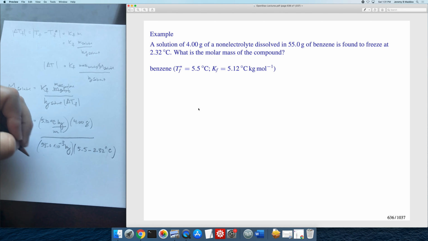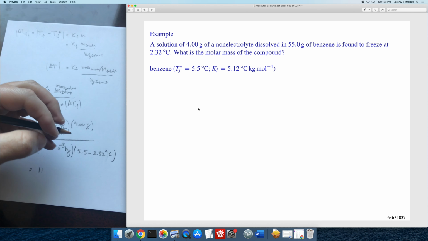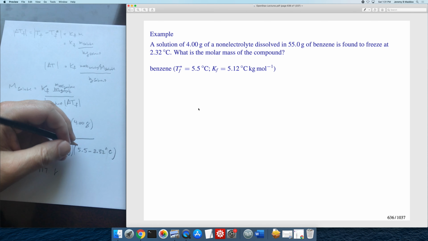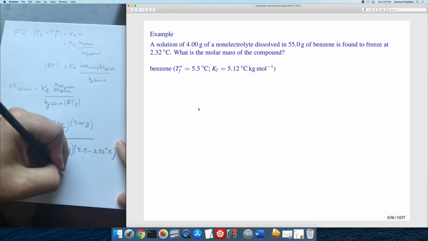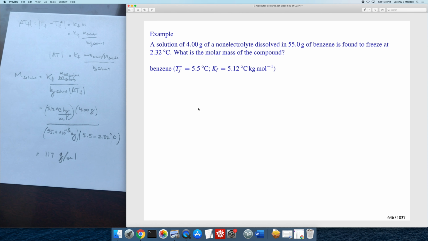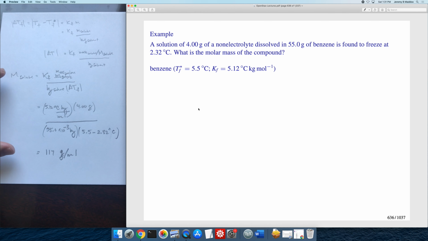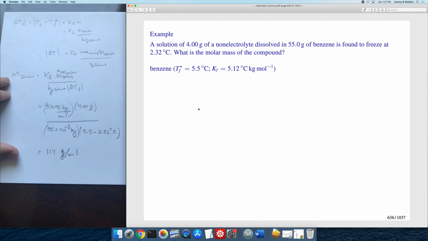And I'm getting an estimate of 117 grams per mole. So this is one application of the colligative properties. You can use the freezing point depression to estimate the molar mass of an unknown solute.